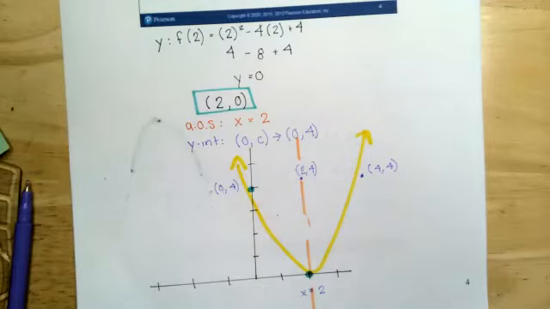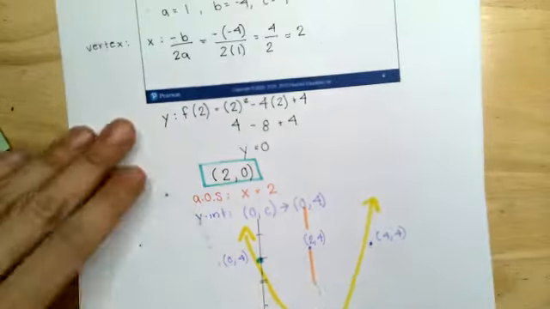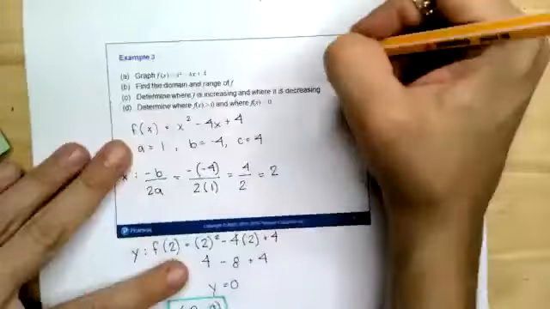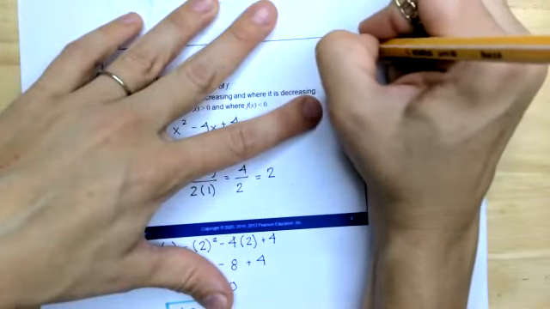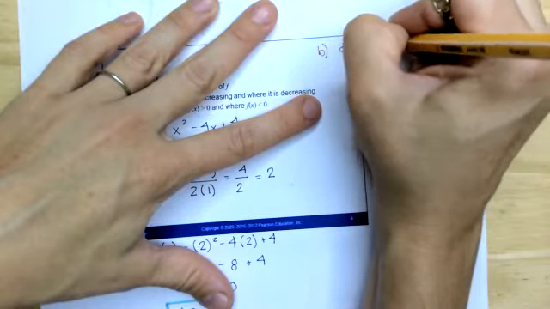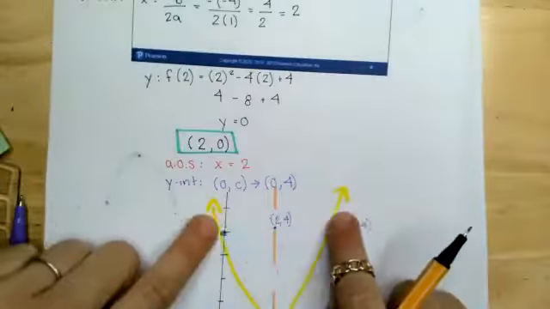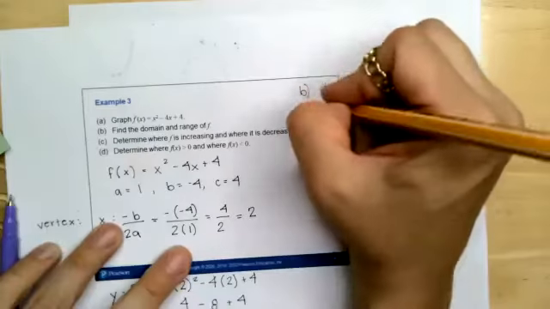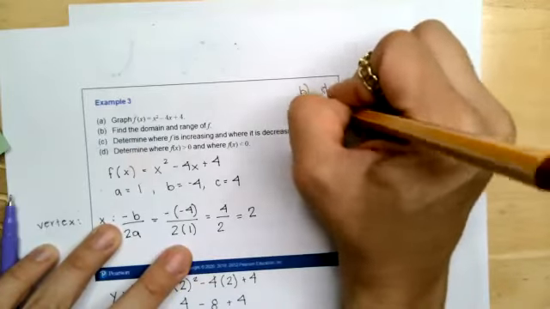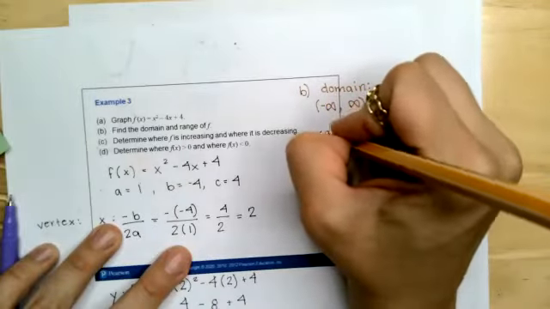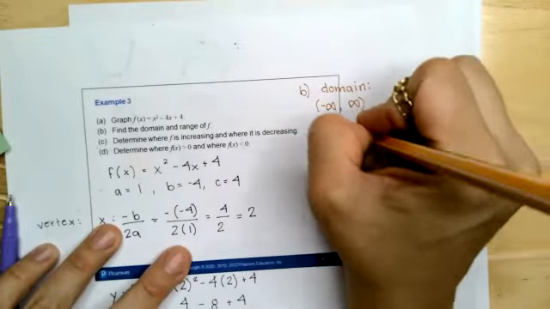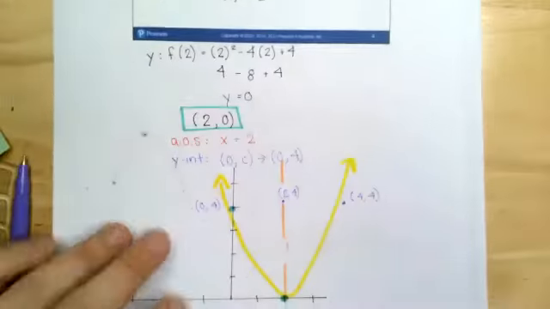So we graphed it. Now they're asking us to find, A was graph it, B is find the domain and range. Remember, domain is your x values. As long as you have arrows going in both directions on the x-axis, your domain is going to be from -infinity to infinity, just like it was last time. Your range, however, is where is it up and down? Where is it on the y-axis?